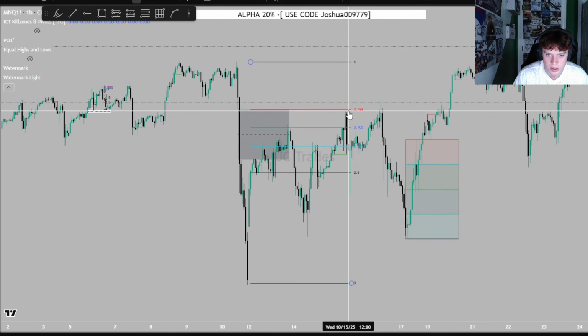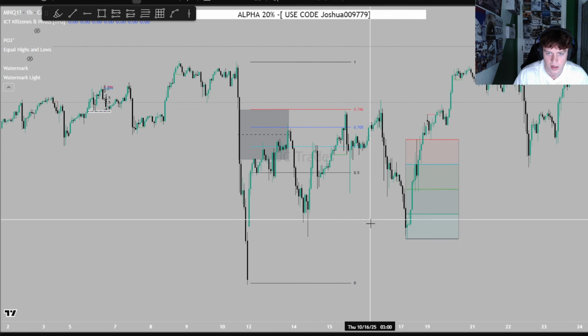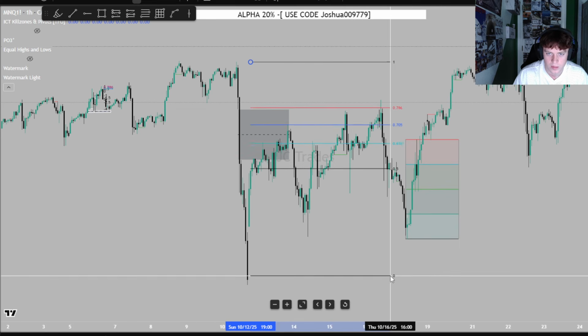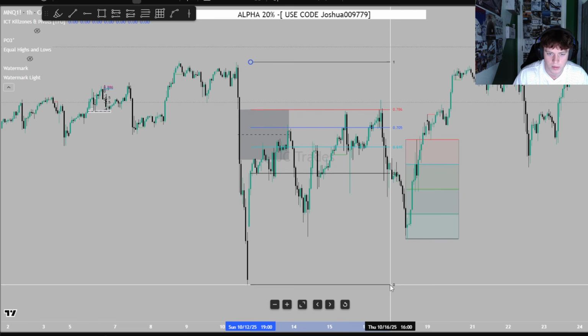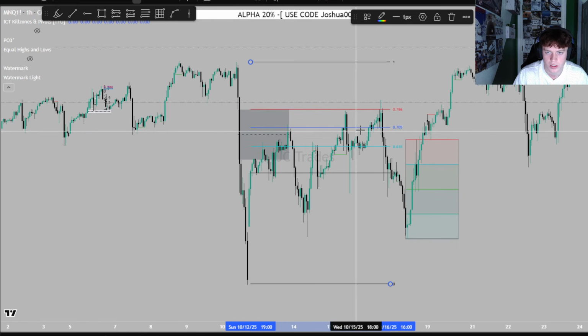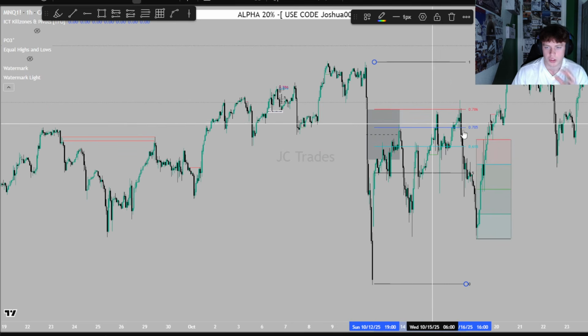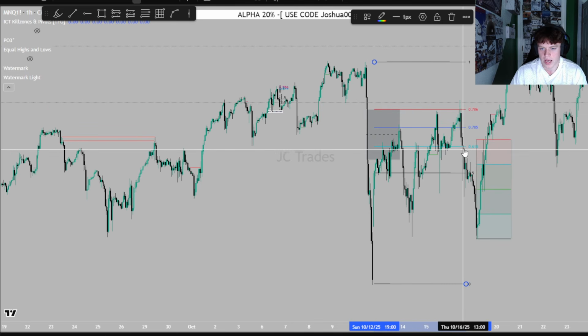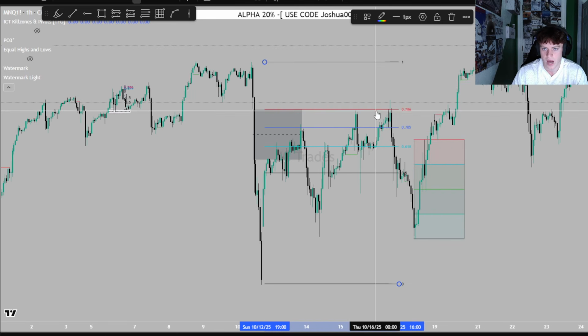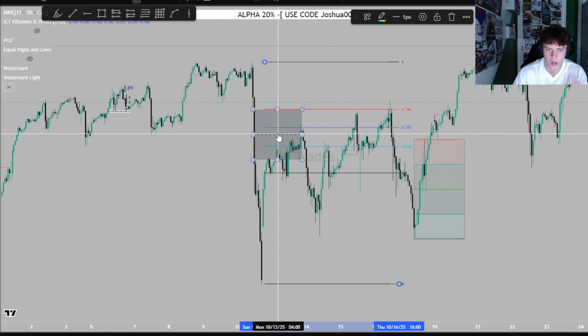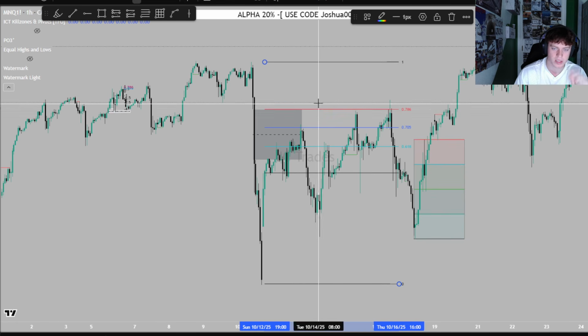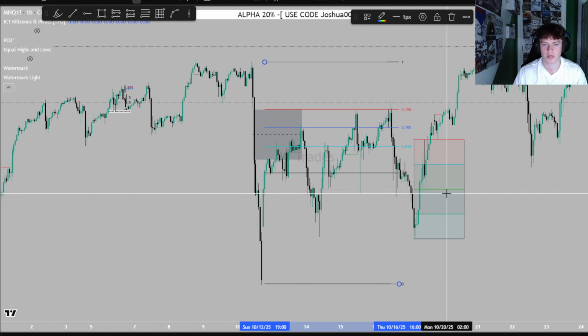We almost hit that right there, and we also get a pretty much perfect reaction to 0.786 right here. So when you draw this out and it lines up good, now you have that right there. We're also inside of a bearish fair value gap, so this is even more confluence. We're now pretty confident that it's going to go down.